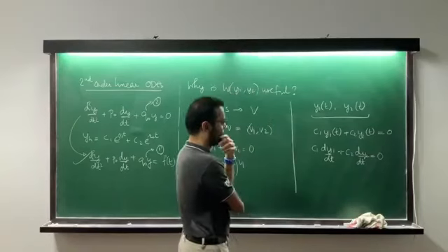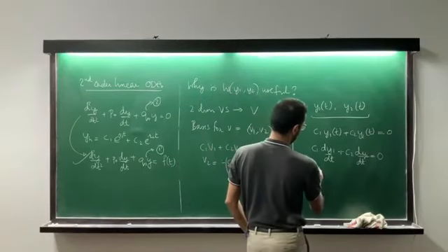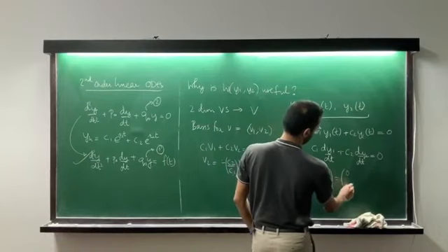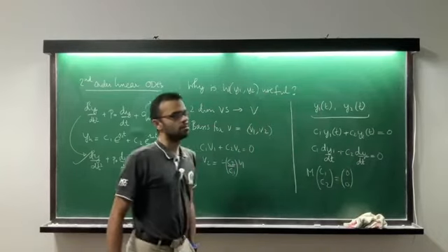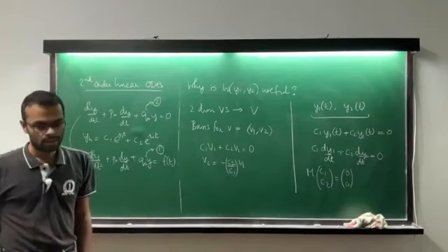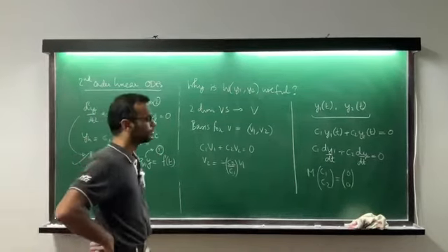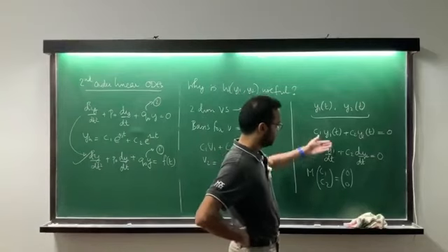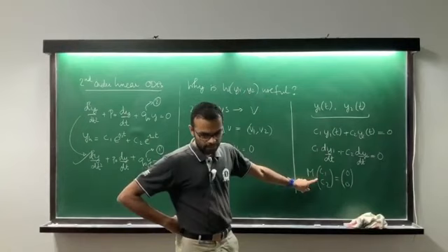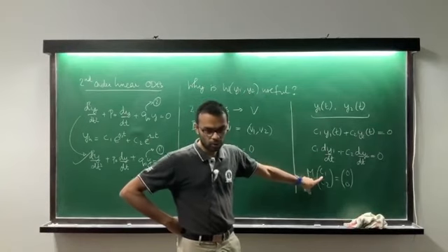Now I can write this in matrix form, of course. I can write this as m times (c1, c2) is equal to 0. If I need linear independence, then c1 and c2 must both be 0.